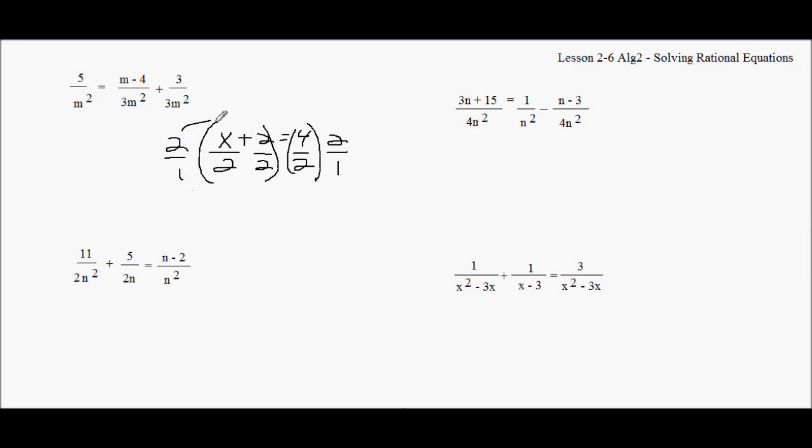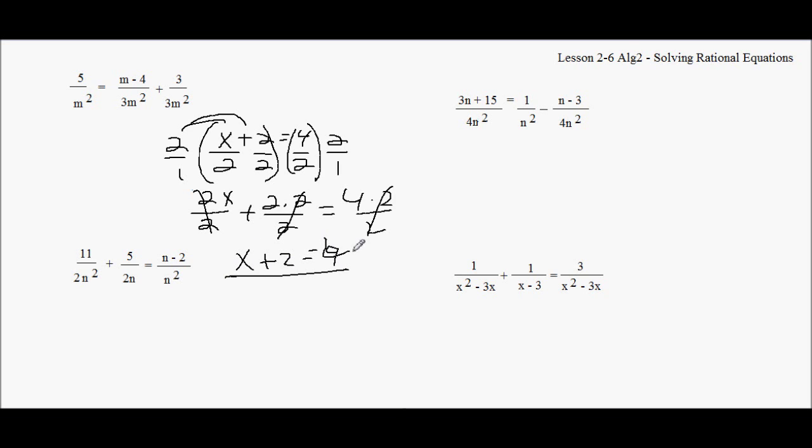And I distributed this. I get 2x over 2 plus 2 times 2 over 2 equals 4 times 2 over 2. That cancels, cancels, cancels. And I end up with x plus 2 equals 4, which is what I just had.